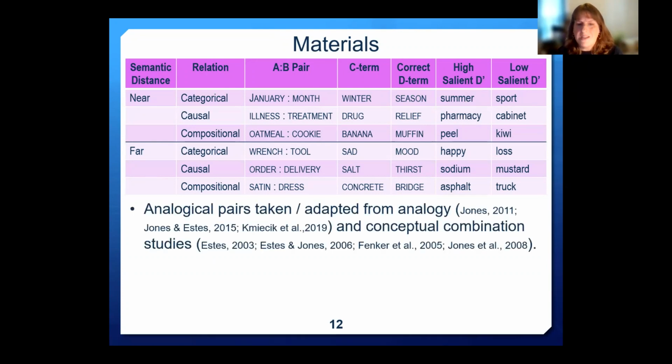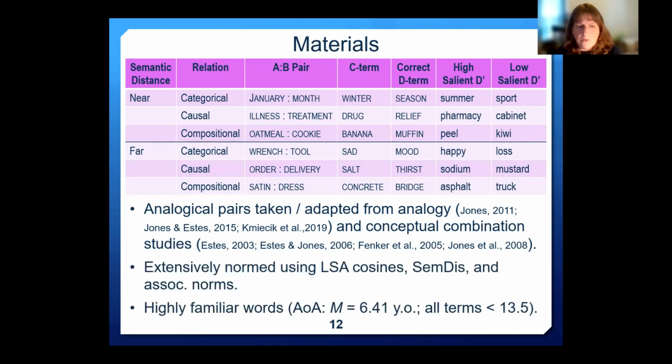All of these pairs were taken or adapted from prior analogy studies and from conceptual combination studies, which was an area of my research in grad school and shortly afterwards. And they were extensively normed, at first using LSA cosines, and then the reviewers came back and said, norm them more.